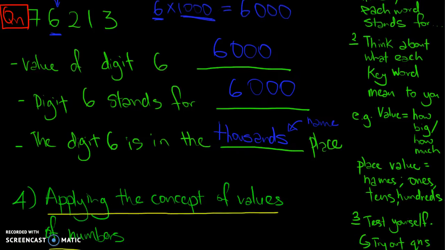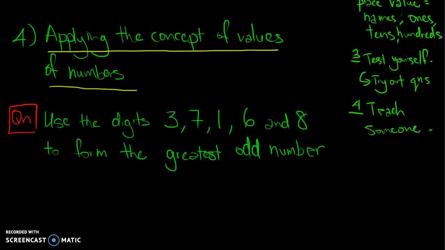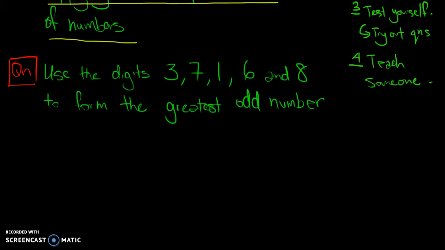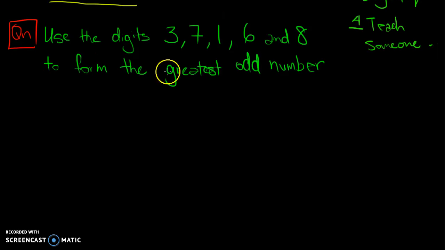And lastly, the last kind of question they'll ask you is to apply the concept of values of numbers. So a question like, use the digits 3, 7, 1, 6, and 8 to form the greatest odd number. So how do you do this? The idea is very simple.